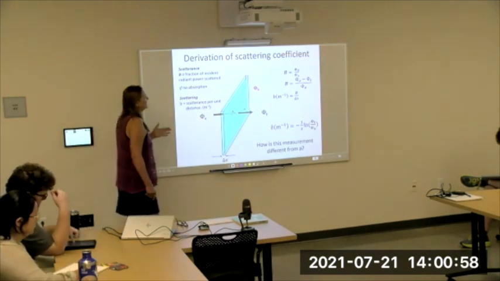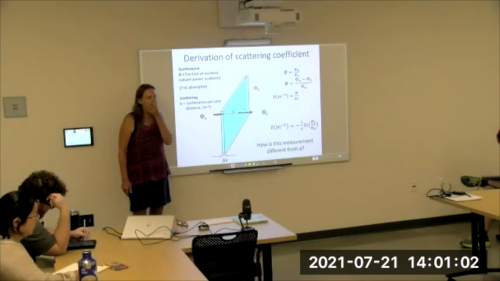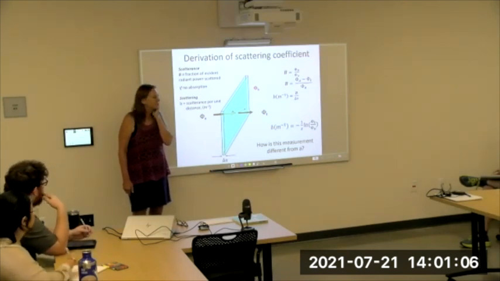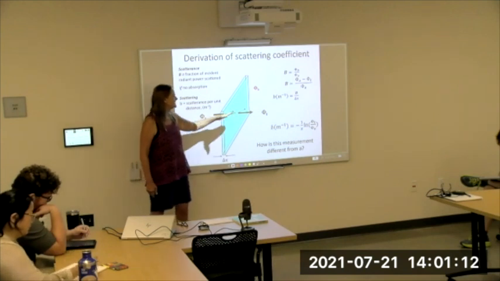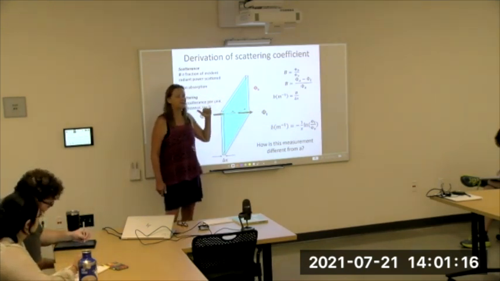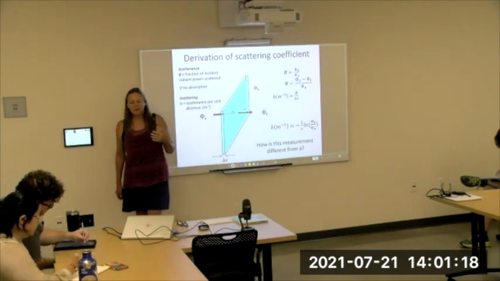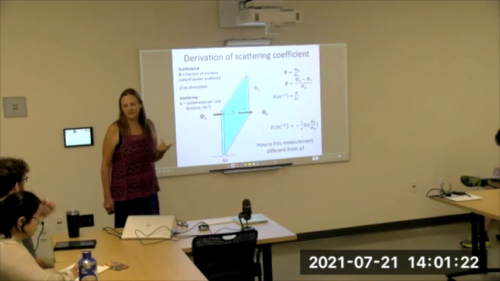But what's different about scattering than absorption that we have in this figure? It's directional, right? And so there's scattering this way, there's also scattering this way, there's also scattering this way. And so thinking about scattering, if you really want to understand it, you have to think about the fact that it is directional.